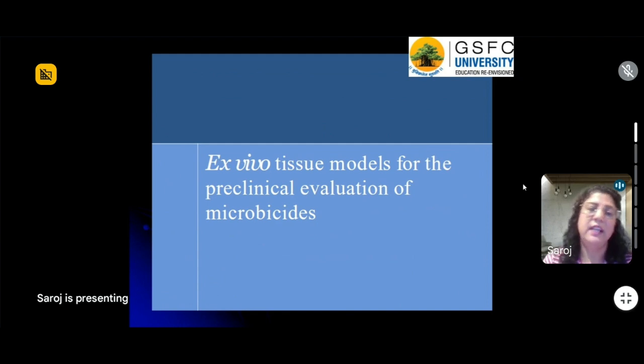Now, in addition to these in vitro tests, since we have a system where the virus is infecting your body or entering your body either through your vagina or through your rectum, ex vivo tissue models have been developed which will mimic those environments.